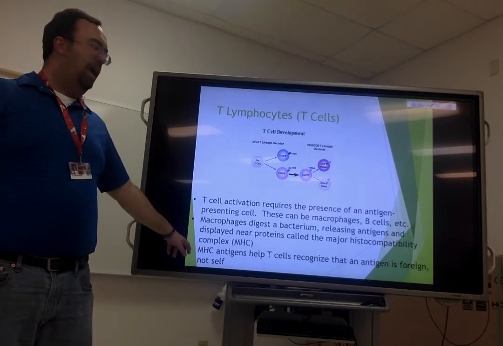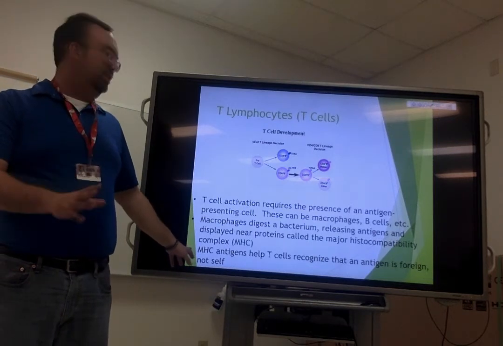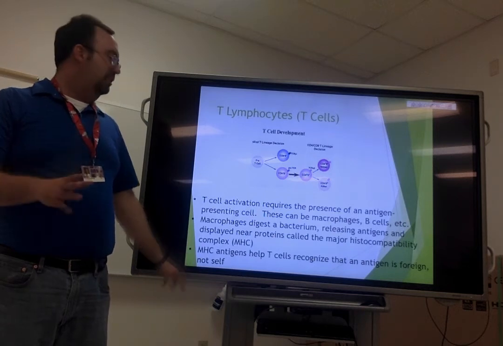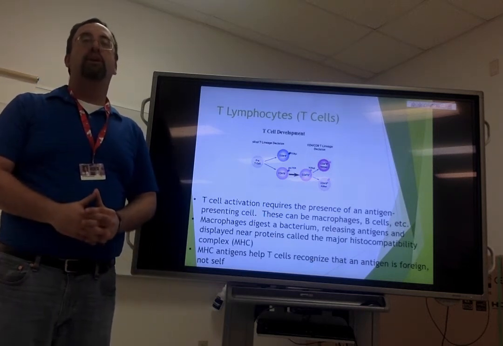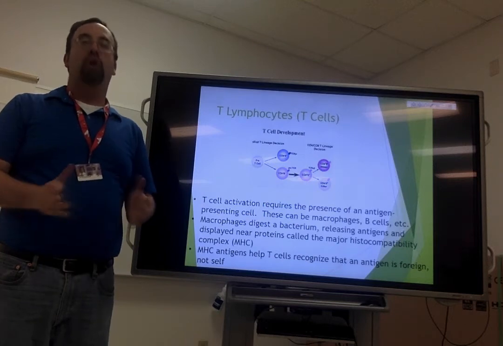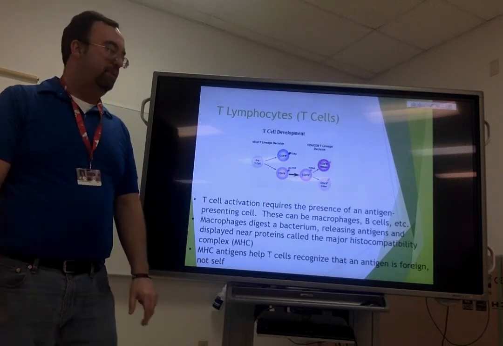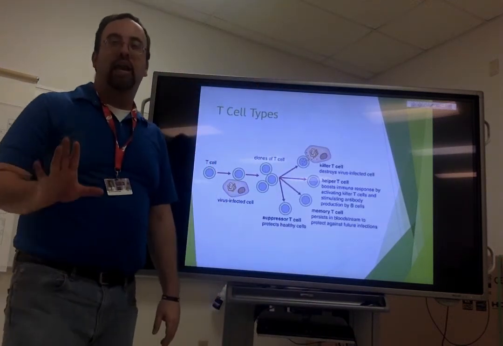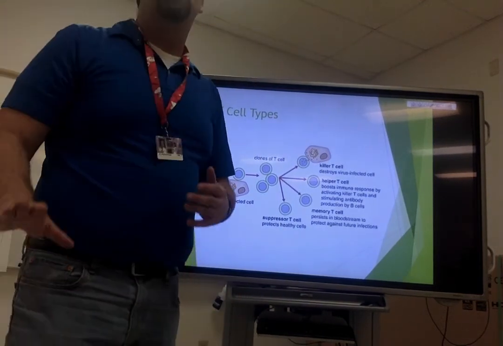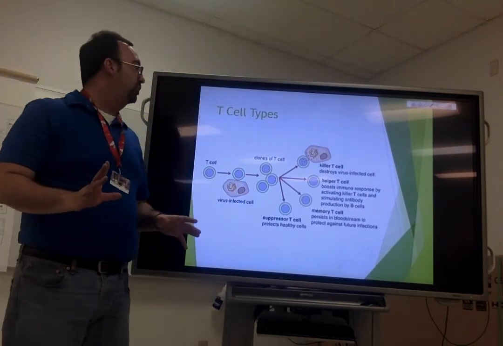All right. The MHC antigens will help the T cells recognize that an antigen is foreign and not self. And so it is important that your immune system does recognize your own body from something that should not be there.